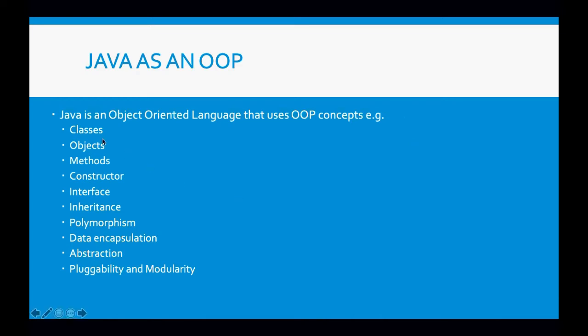So we'll be looking into classes, objects, methods, constructors, interface, inheritance, polymorphism, data encapsulation, abstraction throughout this course, but today we'll just be looking at classes, methods, objects, constructors, and we'll look at these in the coming weeks.